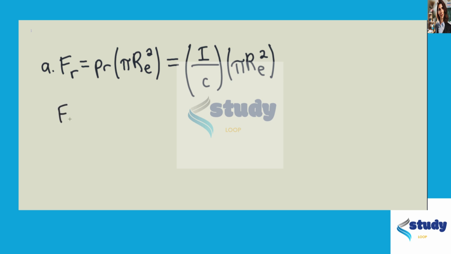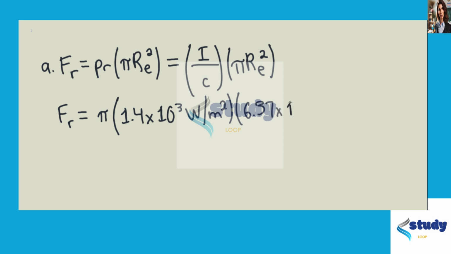So F sub r would then be equal to pi times 1.4 times 10 to the third watts per square meter, multiplied by 6.37 times 10 to the sixth meters.